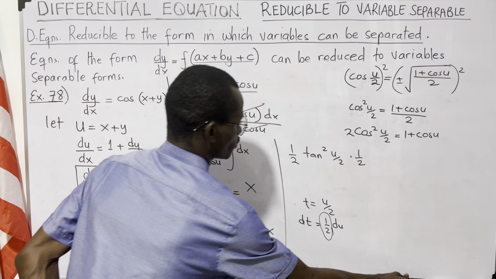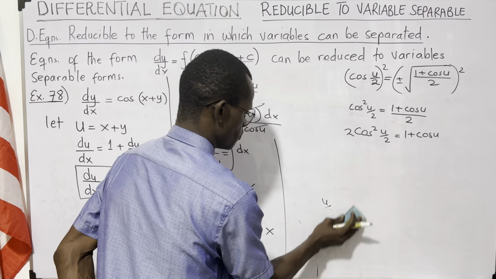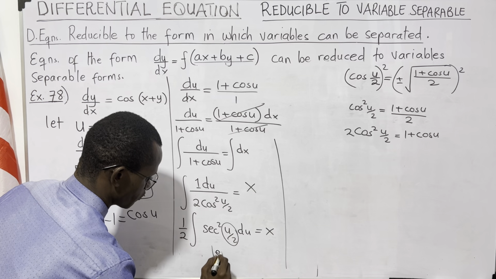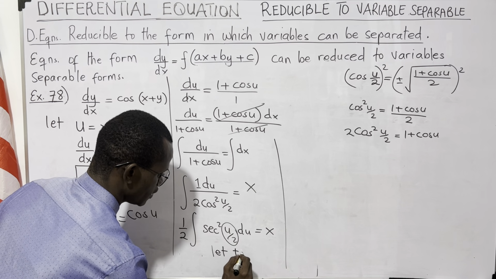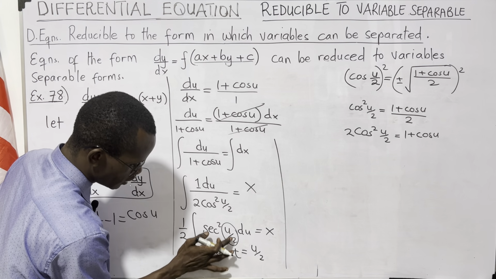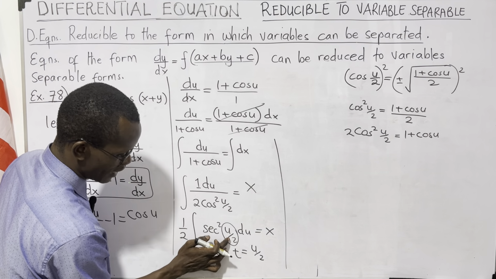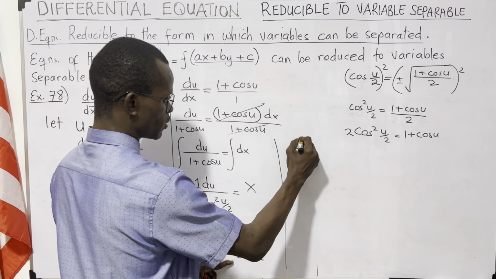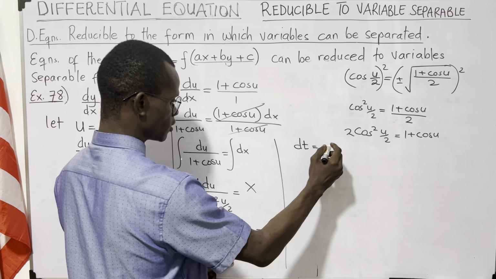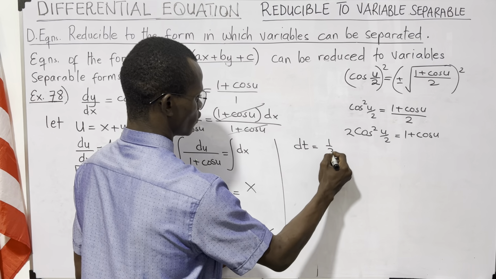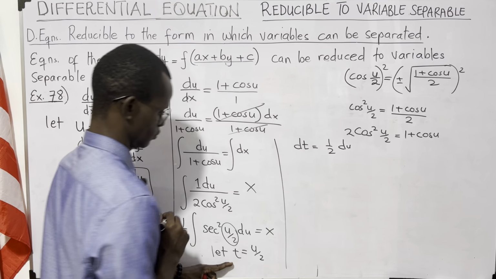Because let's assume we were to go bit by bit. We say, okay, let t equal u over 2, because we don't want an angle here that has a denominator greater than 1. So if we differentiate, the derivative of u is just 1, so it's just 1 over 2 du.